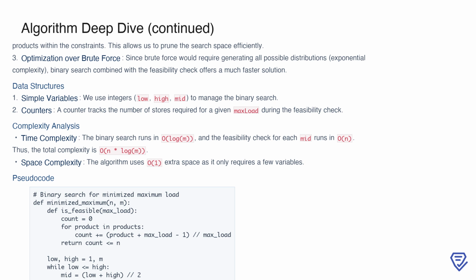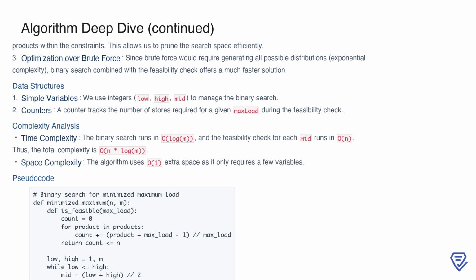This approach is a significant optimization over brute force, which would involve enumerating all possible distributions, leading to exponential time complexity. Instead, binary search combined with the feasibility check offers a much faster solution. Regarding data structures, the algorithm relies on simple variables like low, high, and mid to manage the binary search process, as well as a counter to track the number of stores needed for a given max load.